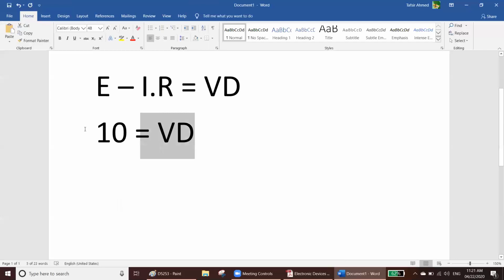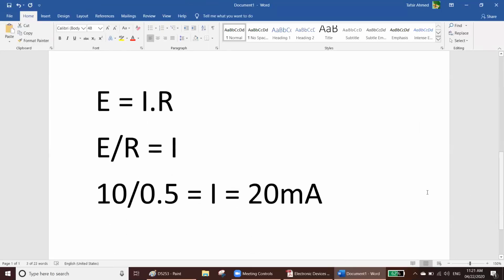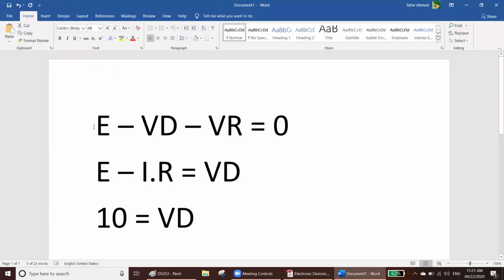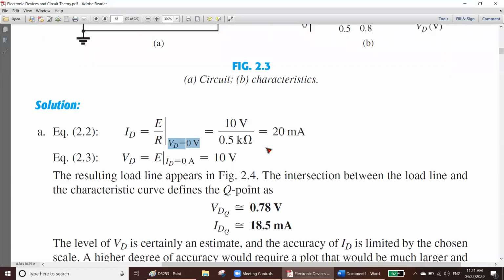Here we put ID is equal to 0, that's why our VD is equal to 10. Here we put VD is equal to 0, that's why ID is equal to 20 milliampere. So 10 and 20 from this equation. Remember, do not write VR, write I into R. From this equation, we got those two values. One is 20, another one is 10.